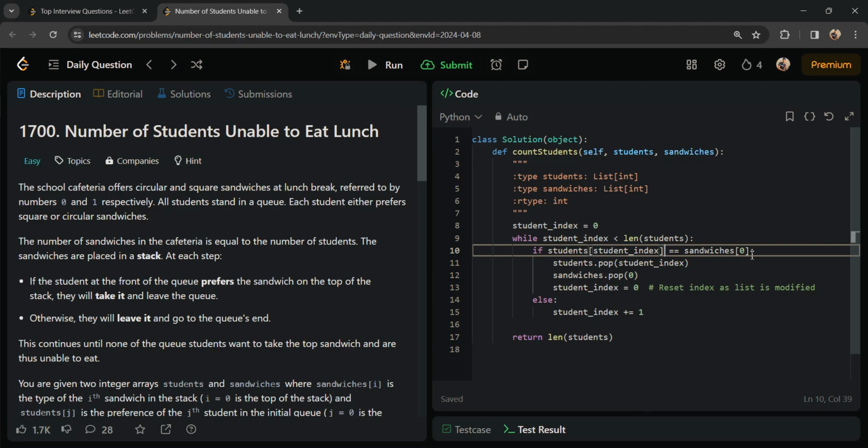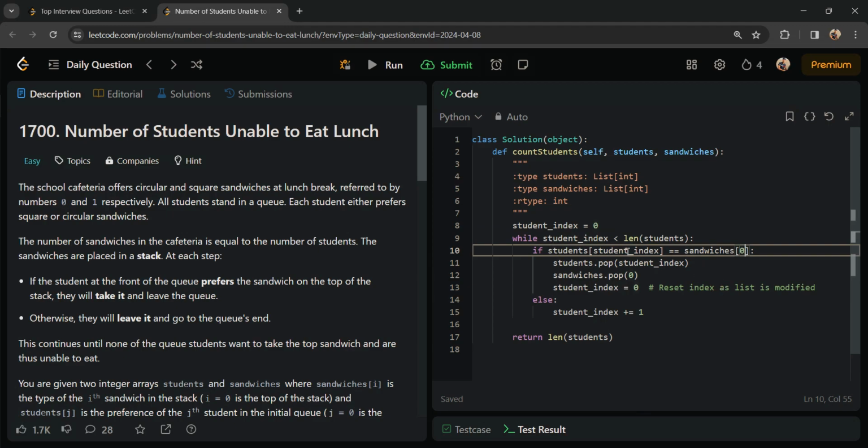But I have to check only the top sandwich, sandwich of 0. That was my issue.